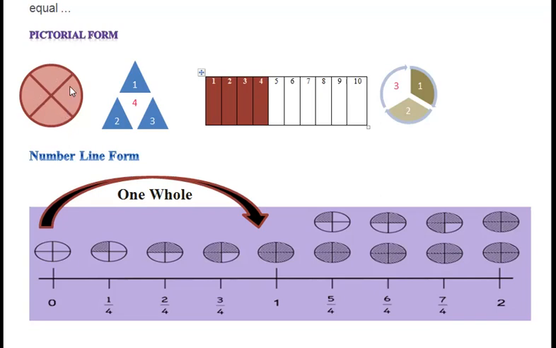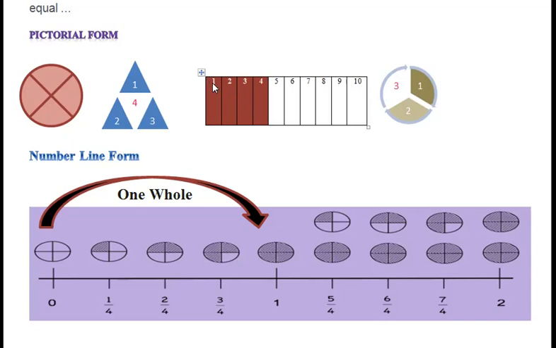In the same way here also, 1 upon 4, because this whole triangle is divided into 4 equal parts. Similarly to the circle divided into 4 parts, we will represent this triangle as 1/4 also.